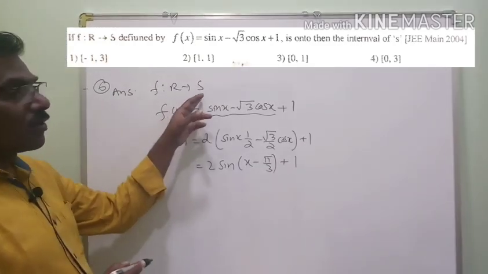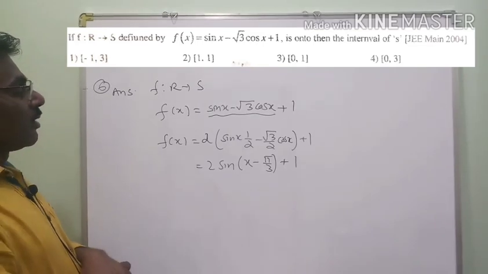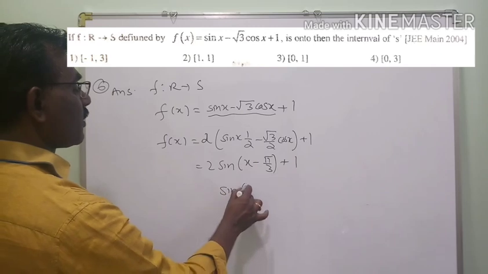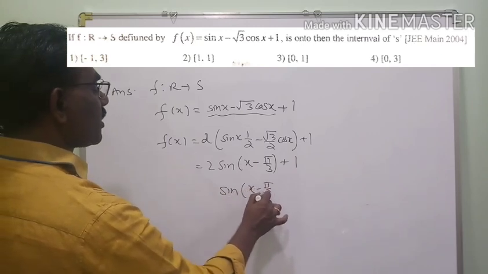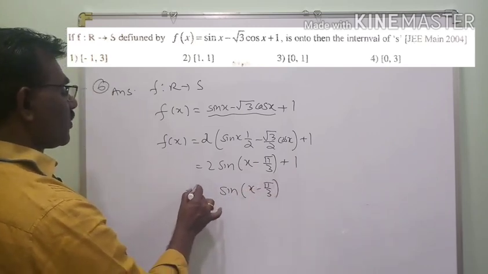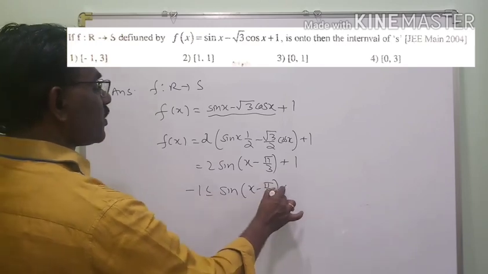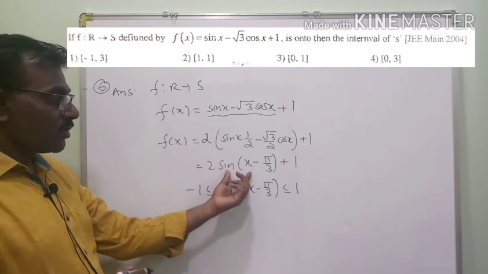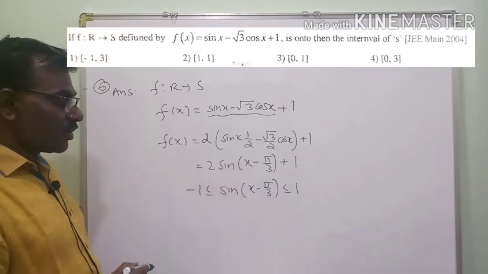So you want codomain, okay? Then sin of x minus pi by 3 lies between minus 1 to plus 1.